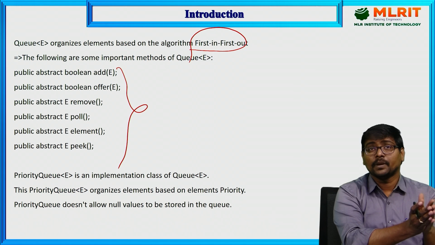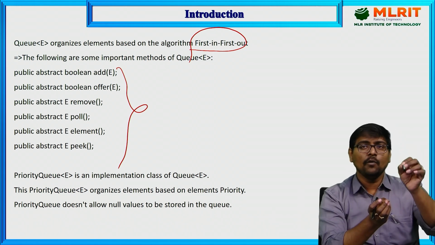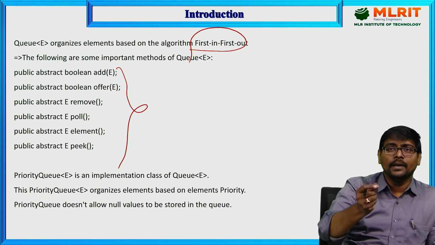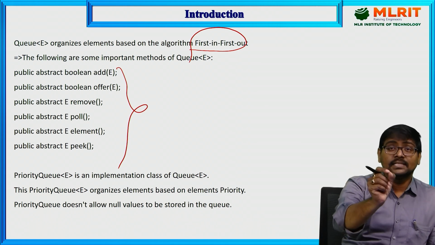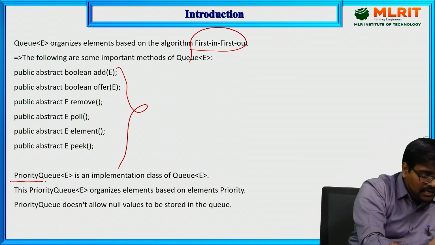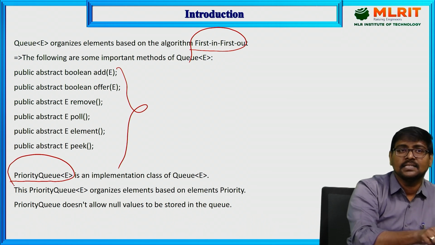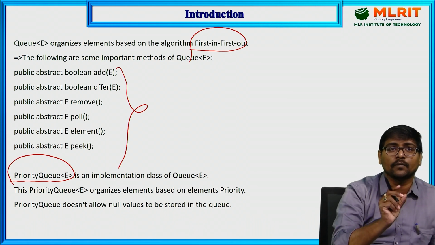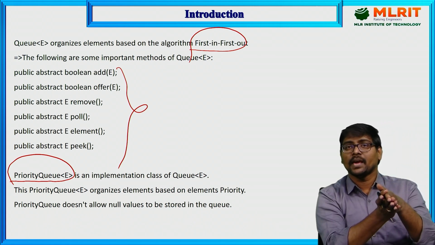Now, if you have an interface, that interface is implemented by a class. What is the class? PriorityQueue is the class. This class implements the methods of the queue interface. Now, what is the priority queue?